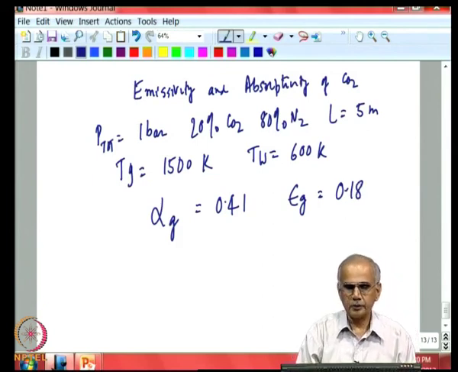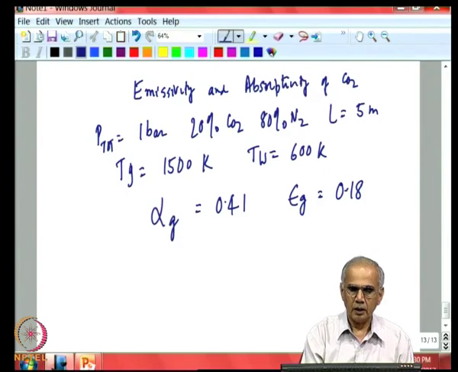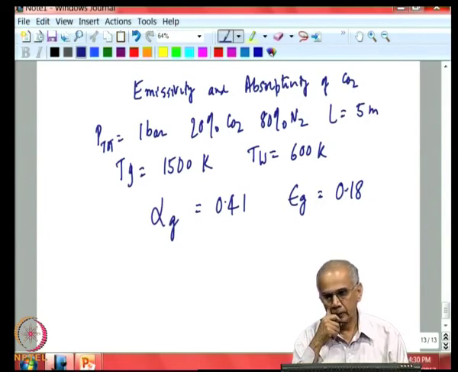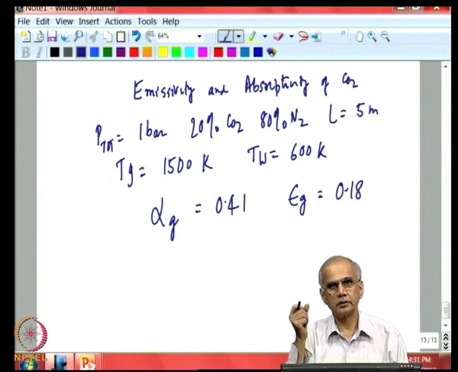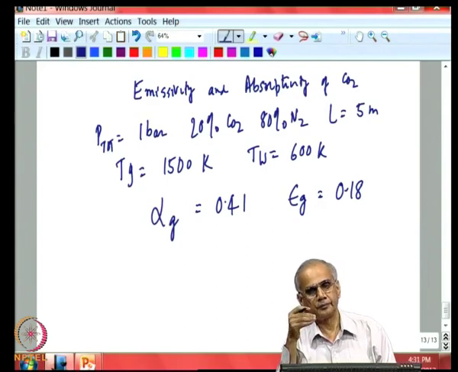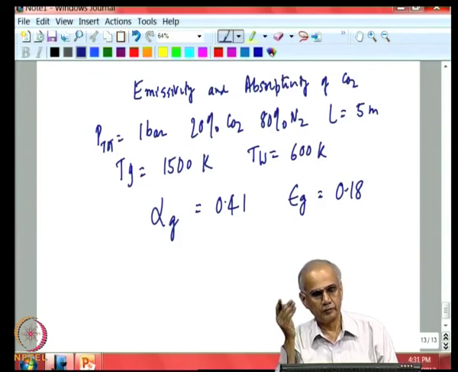So, you can see that in spite of a fairly high temperature and fairly large length scale, alpha g, epsilon g do not approach 1. They are quite small, and hence neither of these can be thought of as the optically thick limit, in which we saw that in the case of a gray gas, it implied essentially the emissivity and absorptivity approaching 1.